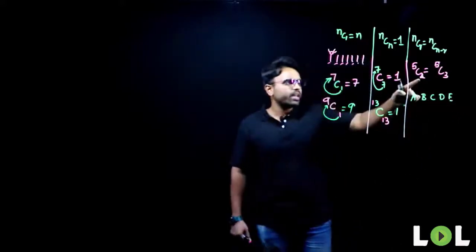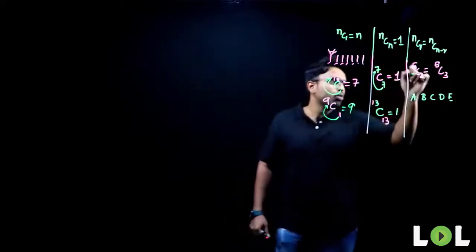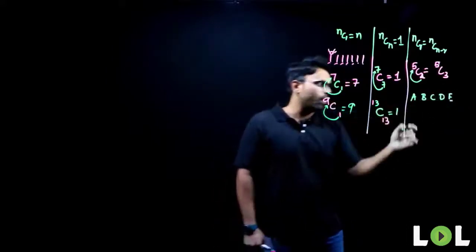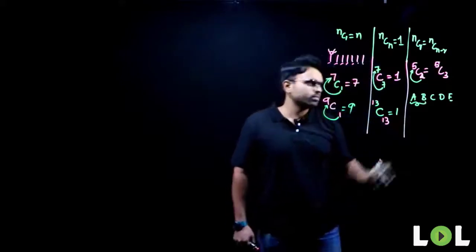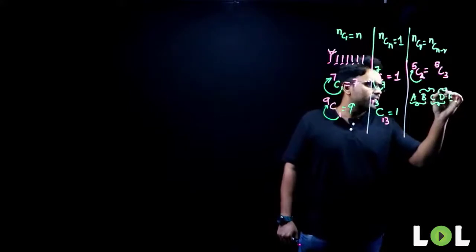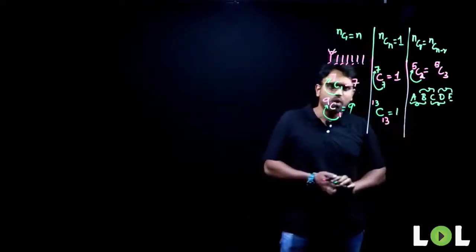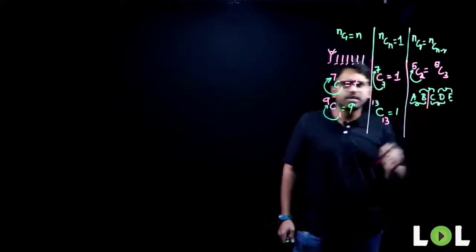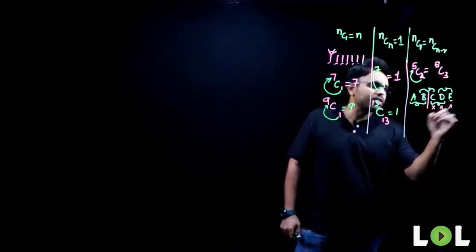What am I doing here? Selecting 2 people out of a total of 5 people. Now, listen, I can select the first 2, second 2, third 2, last 2, or the first and the last. But if you observe, when I'm selecting the first 2, what am I doing to the rest of the 3? I am rejecting them.